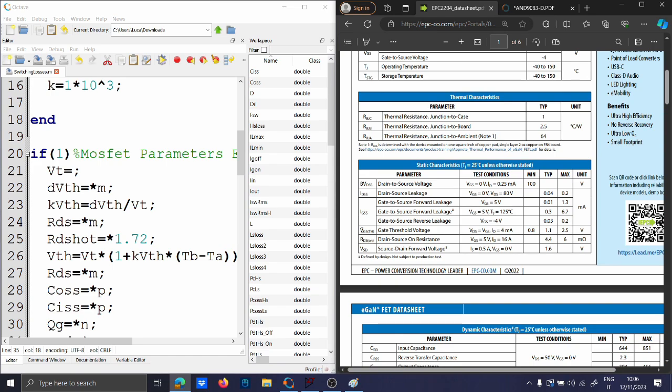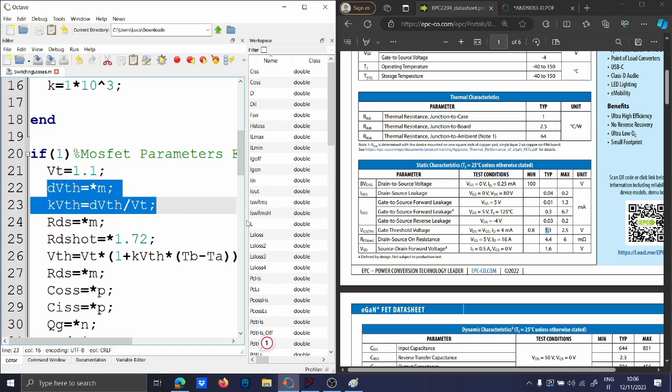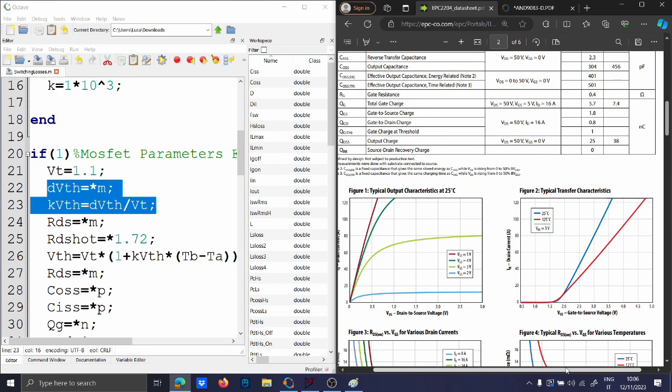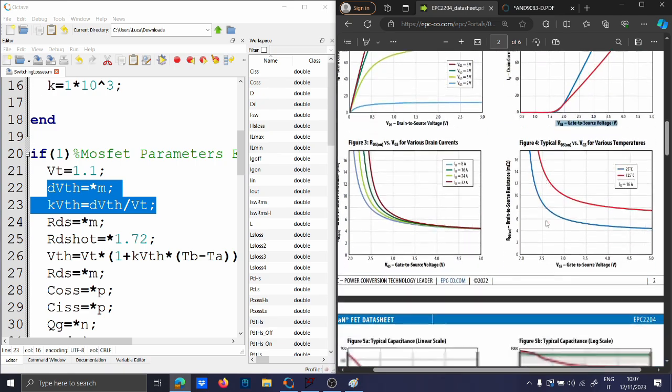This is the gate voltage. We will put the typical value, which is 1.1. Then we can also use the variation of the VTH with time, if you really want to do that. You can calculate this from the VGS, gate-to-source voltage characteristic, and see how the threshold voltage varies with time.